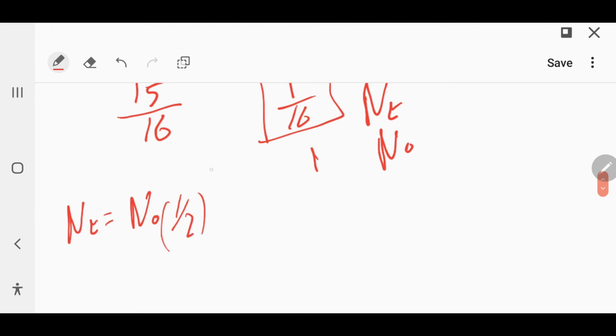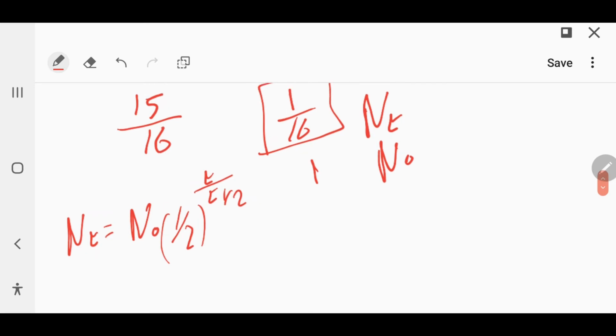So the total quantity left is 1 over 16 equals 1 times half to the power of time, which is unknown, over 1599.